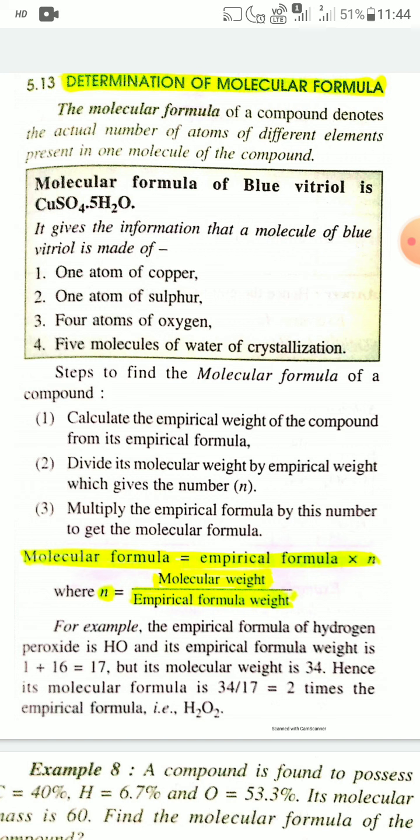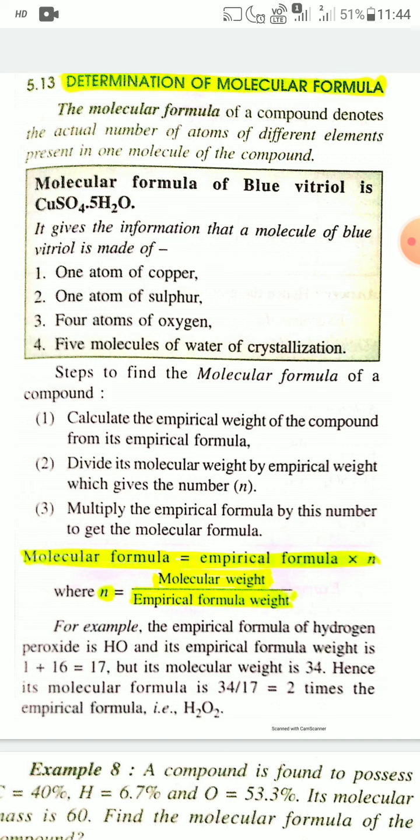So in the second step, we divide the molecular weight of the compound by its empirical formula weight, which gives a common number. And in the third step, you multiply the empirical formula by this number to get the molecular formula.